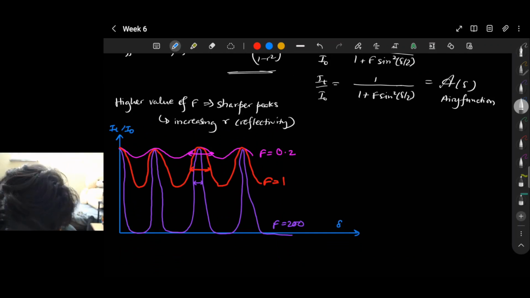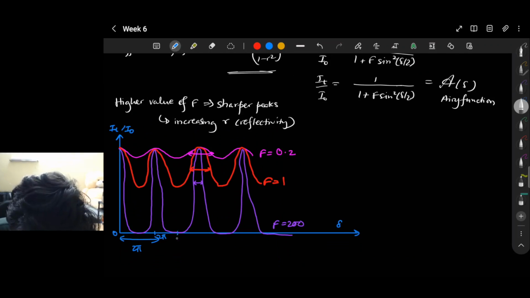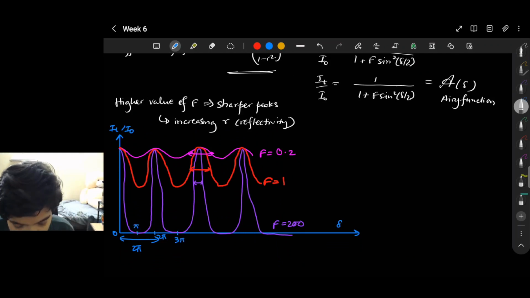And from one peak to another peak, the delta changes by 2 pi. And this is, let's say, 0. This would then be 2 pi. And the dip is at 3 pi. So this is for the transmitted.